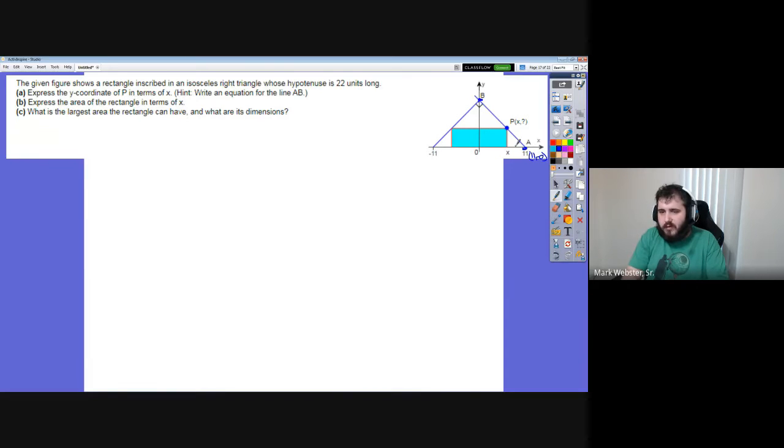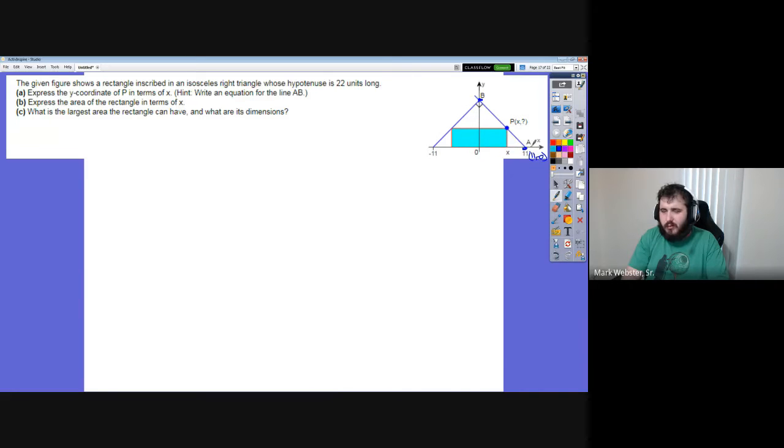So we need to know what this is. What do they tell us? They tell us that this is an isosceles right triangle, yeah? Well, if this is an isosceles right triangle, then we know that this height here is the same thing as this distance here, right?